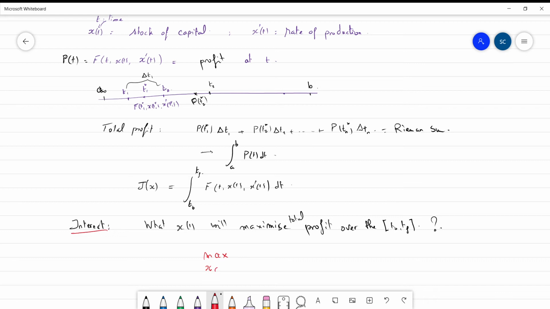Here we will look for a solution that is C1 over the interval t0 to tf, and we want to maximize the function G of x. So your x here is no more a point in Rn, but a function.